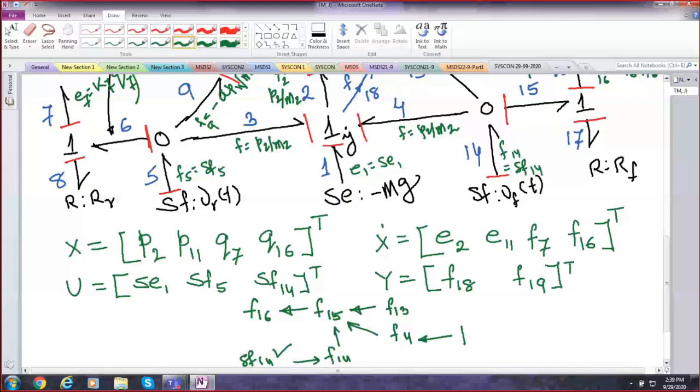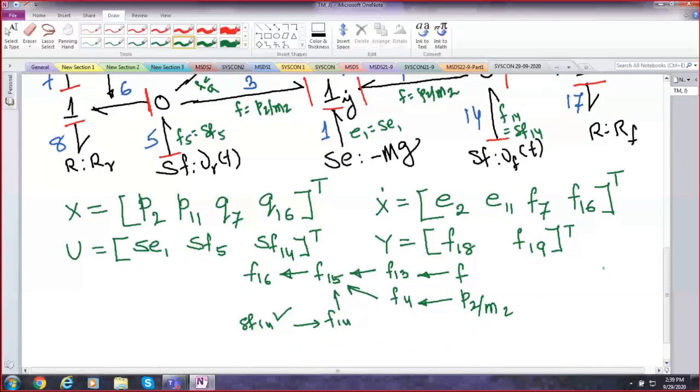This I get from the other side of the junction, F12. So F13 I get from F12, which comes from F11, that is P1 by M1. So this is termination. These are the known values. So I get F16 in terms of these known values. That's how we are going to write the equations.